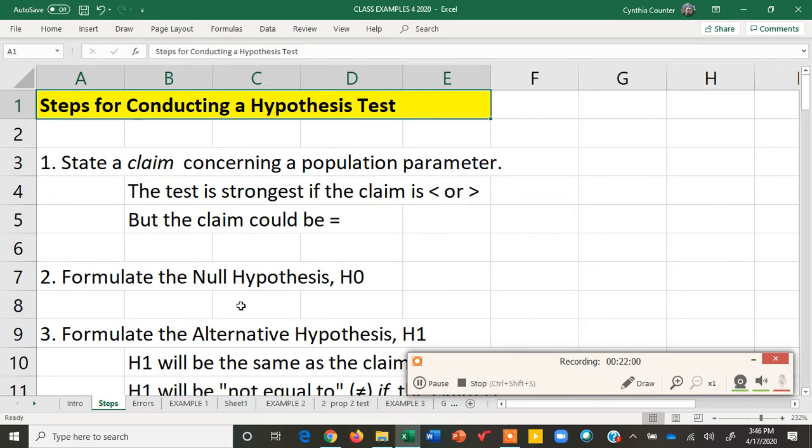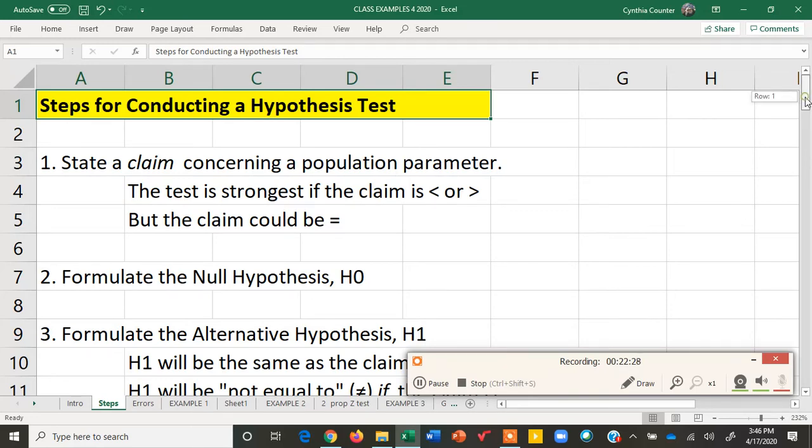The null hypothesis then will always be a statement of equality that the parameter equals whatever it's being compared to in the claim. So for us, that was that the proportion equals 20%. Now notice the null hypothesis is denoted as H sub 0 or just H0. Usually I will use H0 instead of writing out null hypothesis.